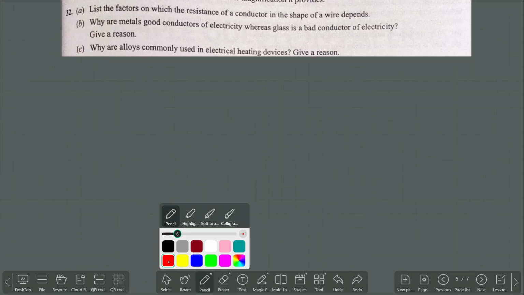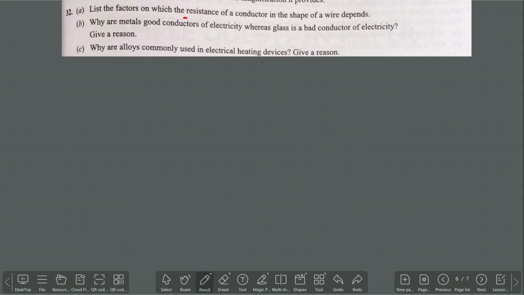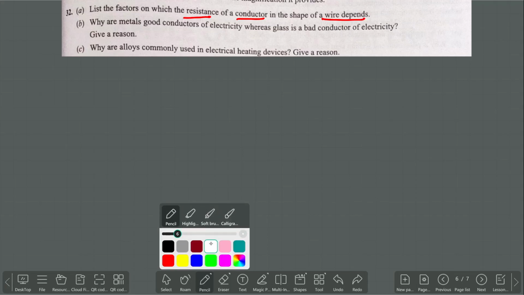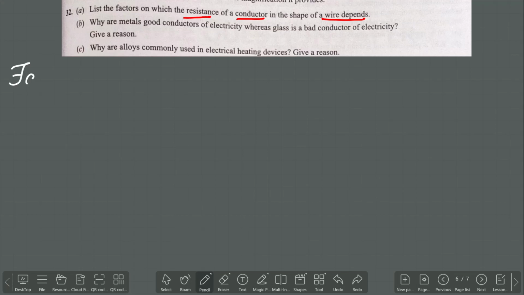Read the first question. List the factors on which the resistance of the conductor of a wire depends. So what are the factors the resistance depends upon? Totally we all know that there are 4 factors. What are the 4 factors?